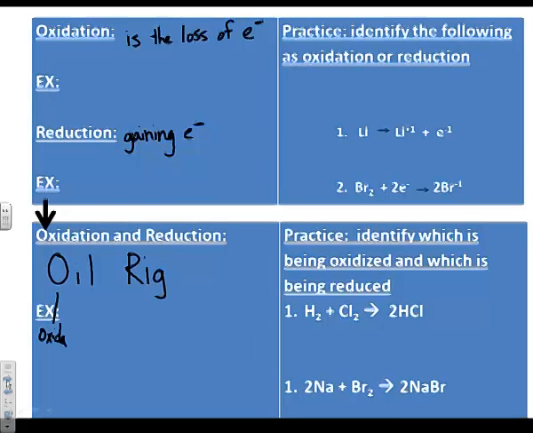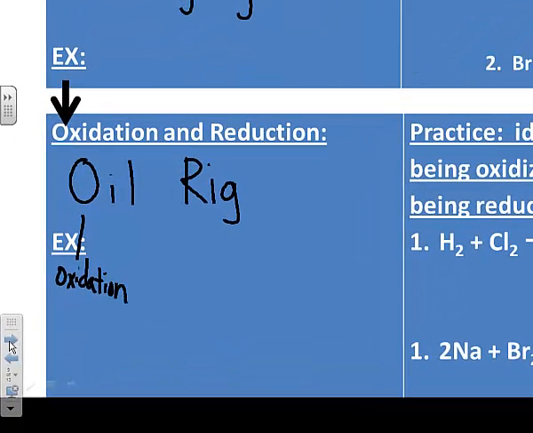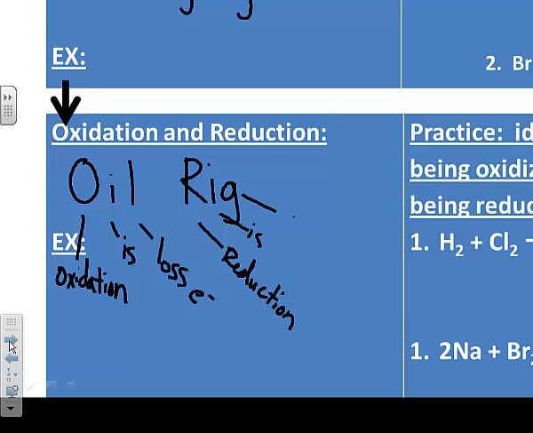Oxidation is loss, and reduction is gain. All right, we're talking about electrons when we're doing these, not charge. Well, in essence, charge. So in oxidation, you lose electrons. Reduction is the gain of electrons. OIL RIG. Something worth memorizing. Keeps you straight.